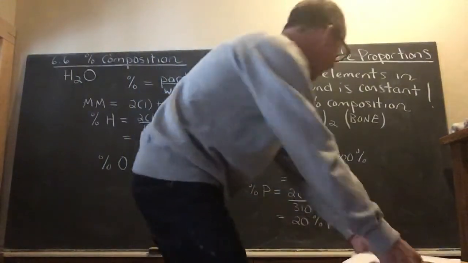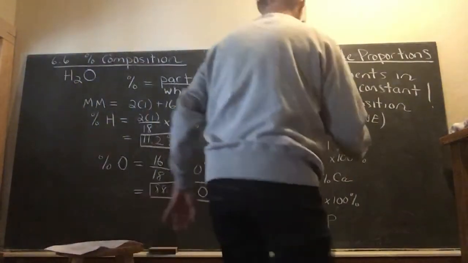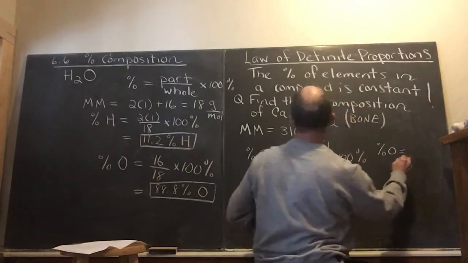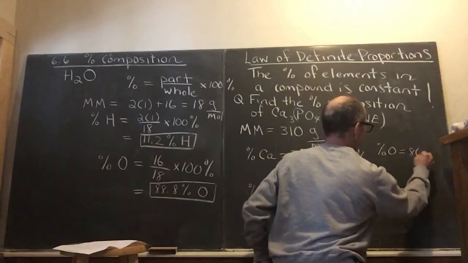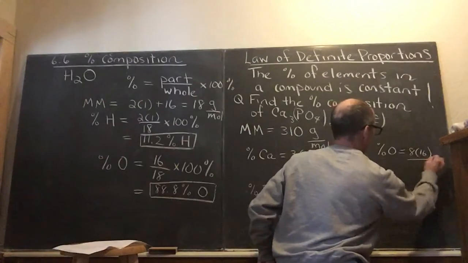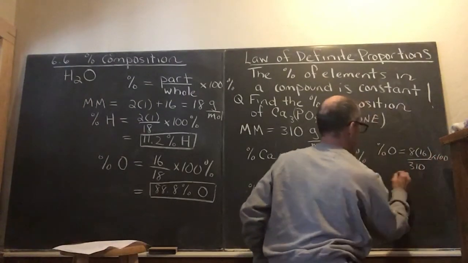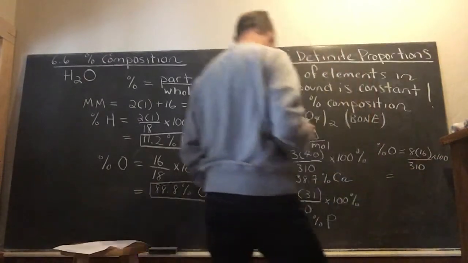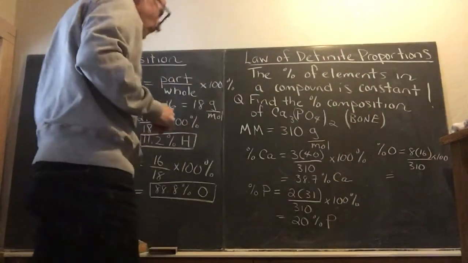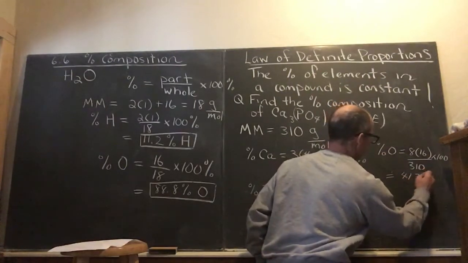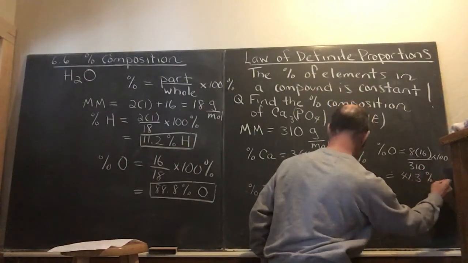The percentage of oxygen, in this case, would be equal to 8 times 16 divided by 310 times 100. And if you go through the math on that, you will get the number that we expected to get, is 41.3% oxygen.